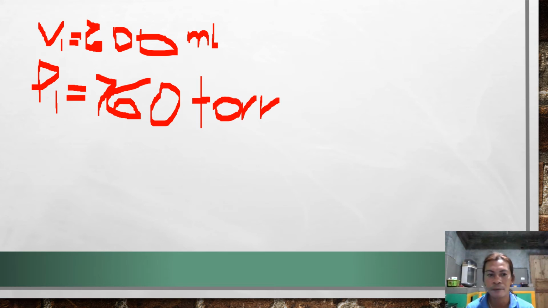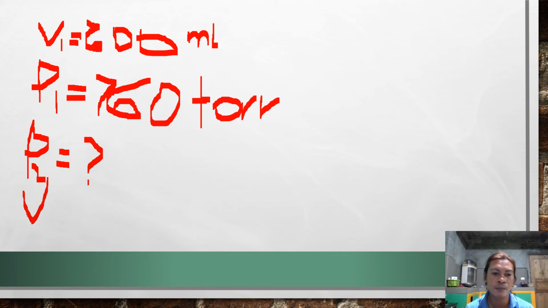Then we're going to find the pressure 2. So pressure 2 is unknown. Then we have volume 2, which is 1/3 of volume 1.